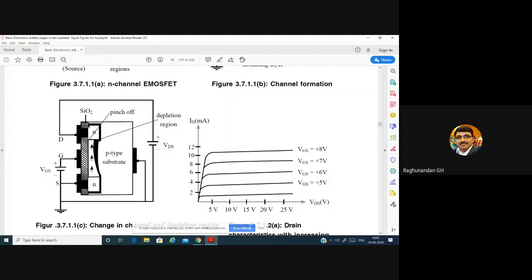So the black color region, whatever I have mentioned, indicates it is the depletion layer.